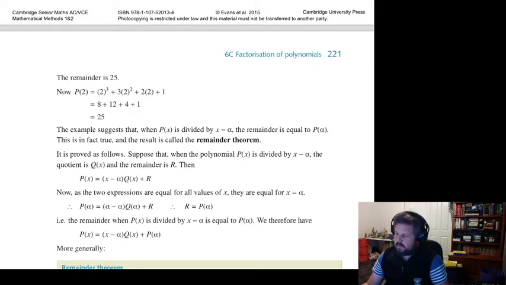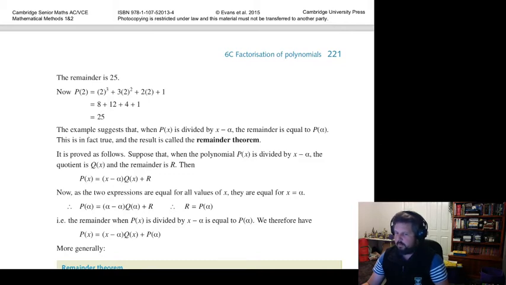So if there is a number that's not 1 in front of the x term, the value you're going to substitute in as part of the remainder theorem is the negative of alpha divided by this beta value.